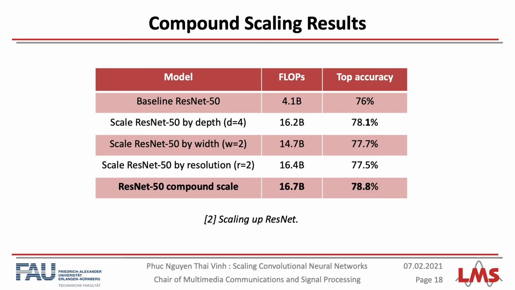By using compound scaling, the accuracy of ResNet increases higher than when we scale independently, but the number of FLOPs is not much higher than scaling independently by depth, width, and resolution.